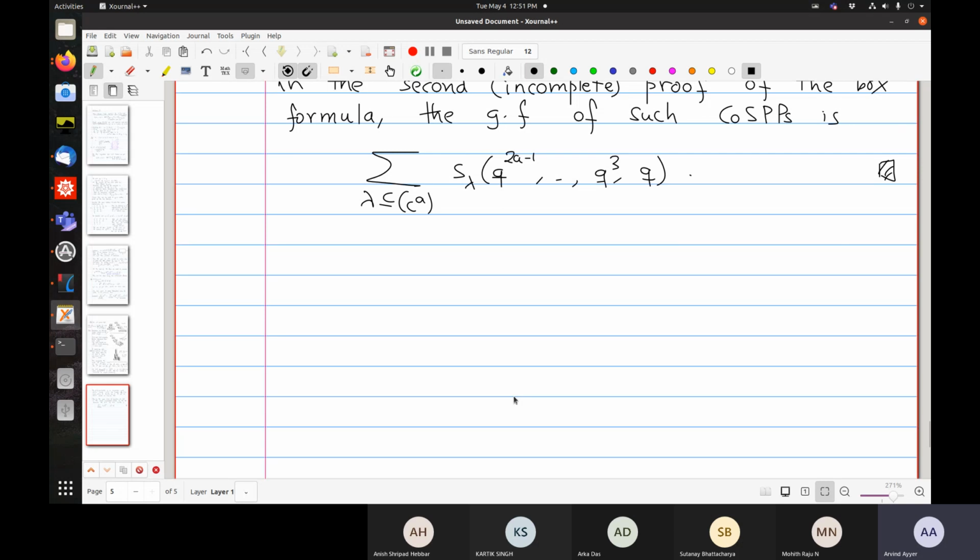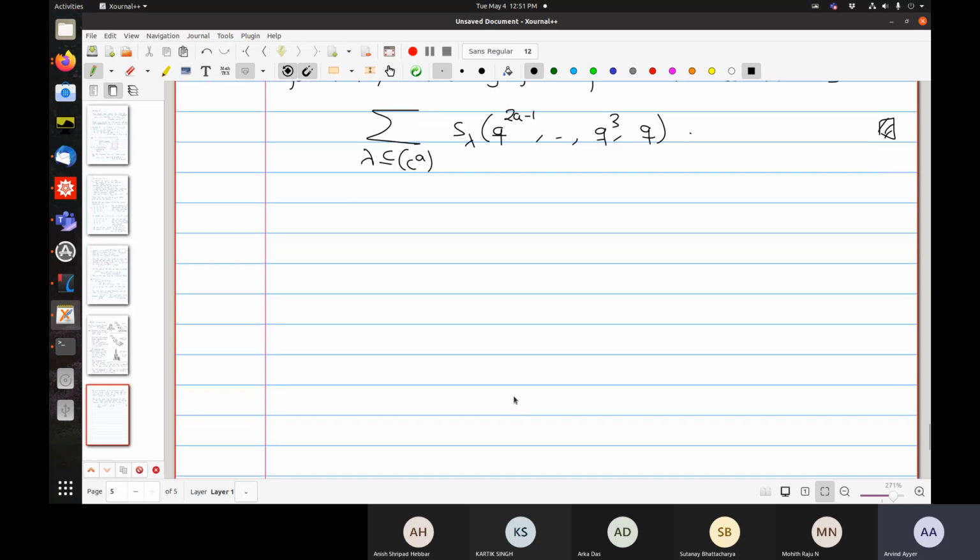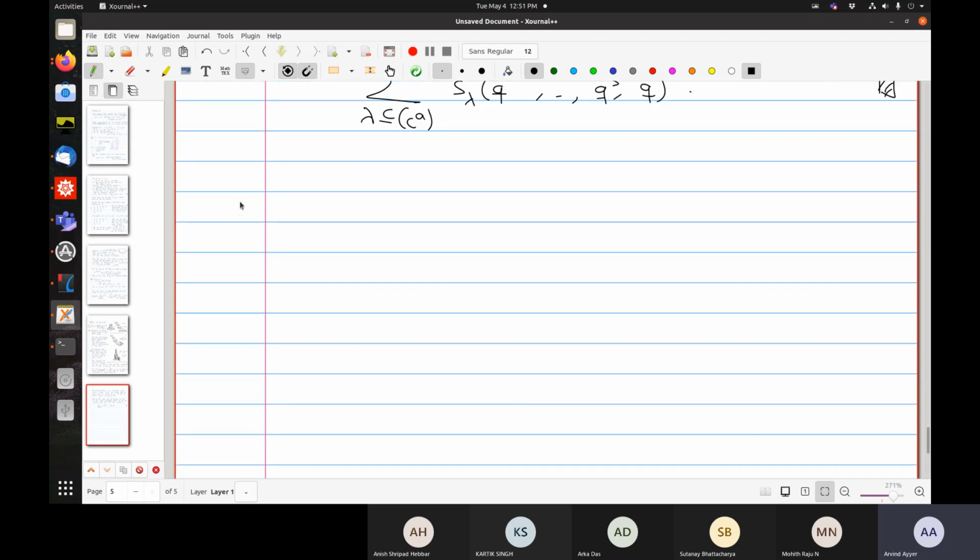So let me do an example just to illustrate this idea. Again, let me take A equals C equals 2, the simplest example. I want lambda sitting inside the 2 by 2 box, which is this.